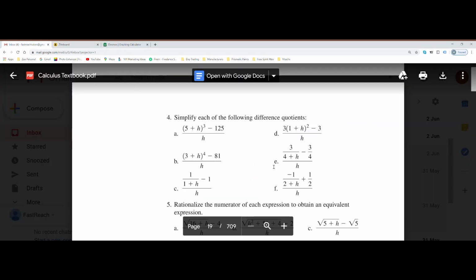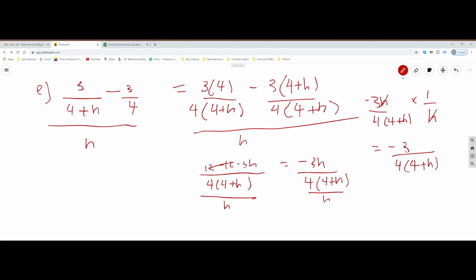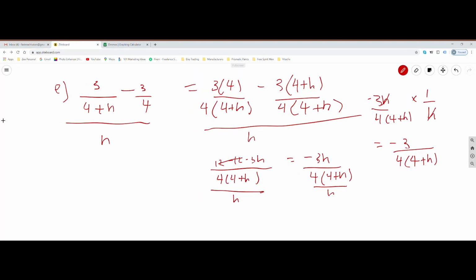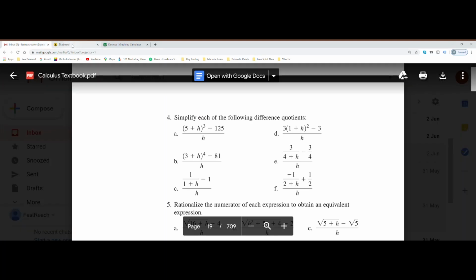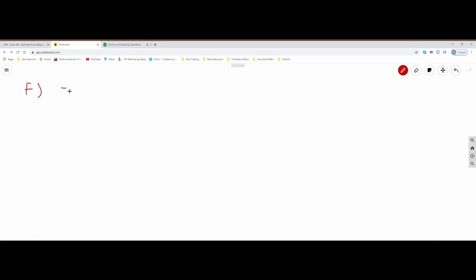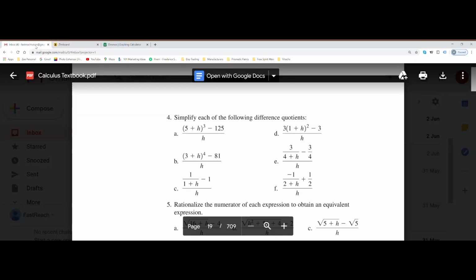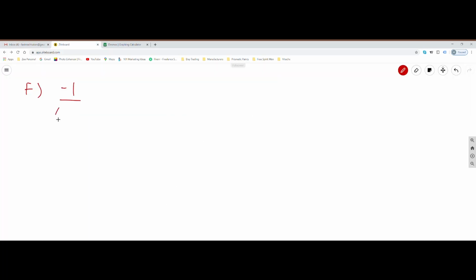And F is negative 1 over 2 plus h plus half over h.